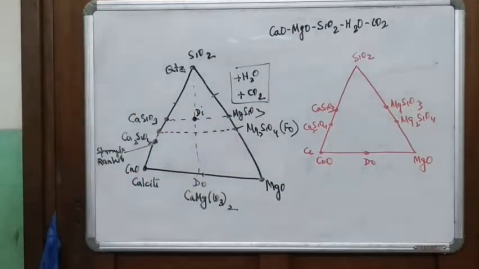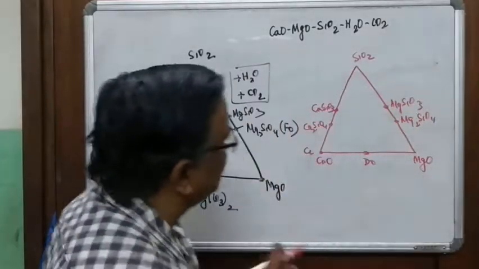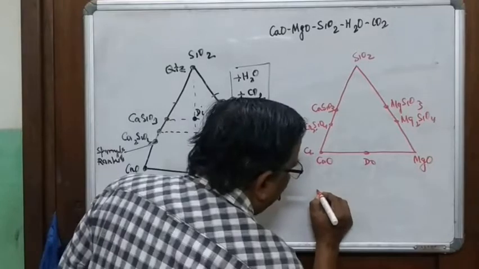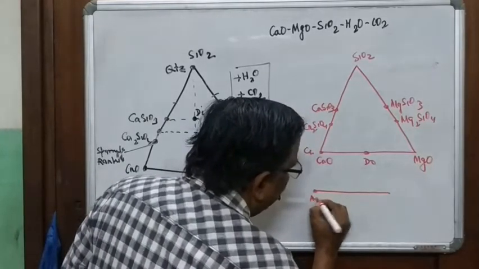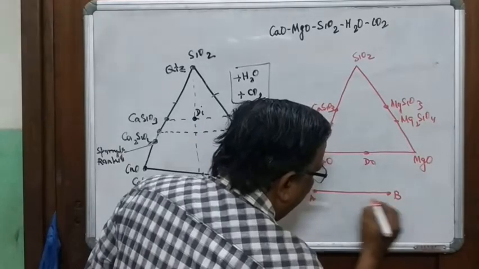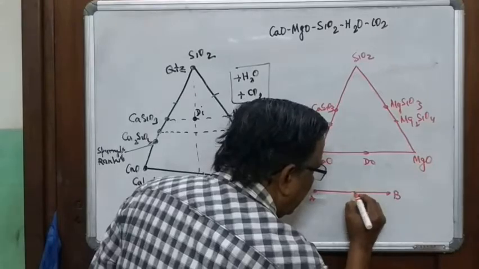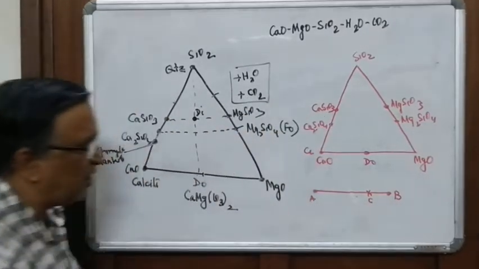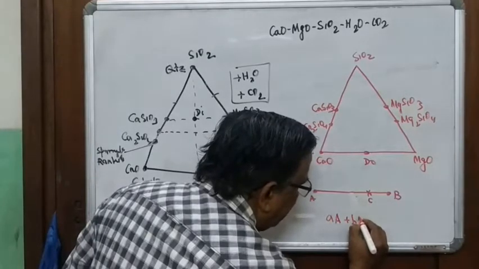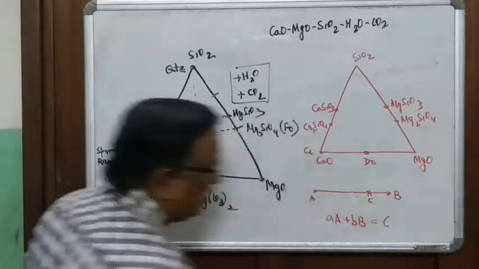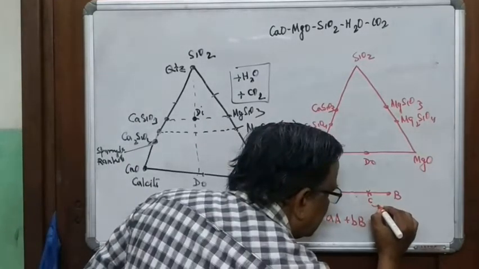Now say, for example, I have a line where this is at A and this is at B, and there is another mineral C plotting between them. Then aA plus bB should be equal to C. And what is a? a is this proportion.